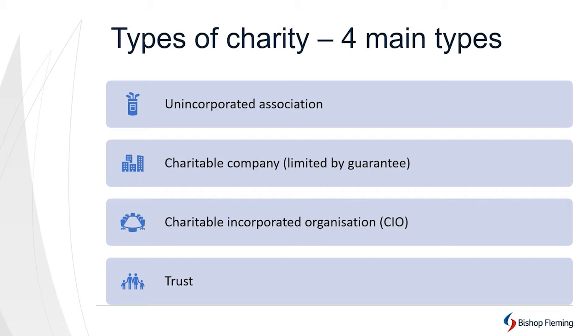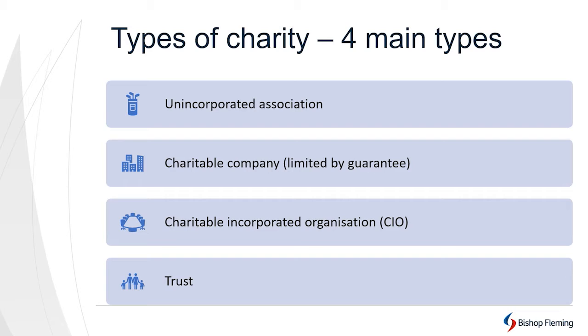The next type of charity is relatively new. When I started my career, this type of organisation did not exist. The charitable incorporated organisation is probably 5 or 6 years old now, but it gives a lot of the legal protection that the charitable company has. It limits the liability of the trustees and the members, but it is not registered at Companies House, so it is purely a charity.